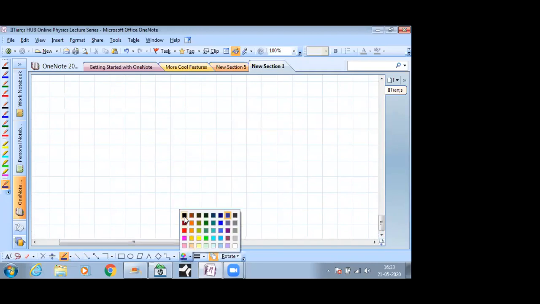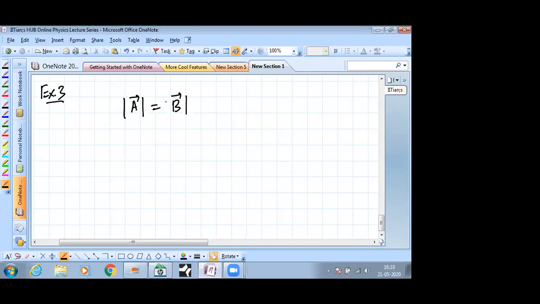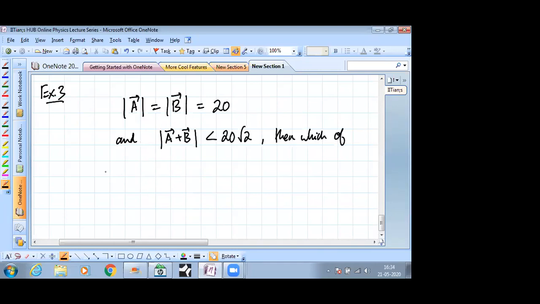let's come back to some examples of the applications of our theorems. So if mod A is equal to mod B, which is equal to, let us say, 20, and mod of A plus B happens to be less than 20, then which of the following are incorrect?